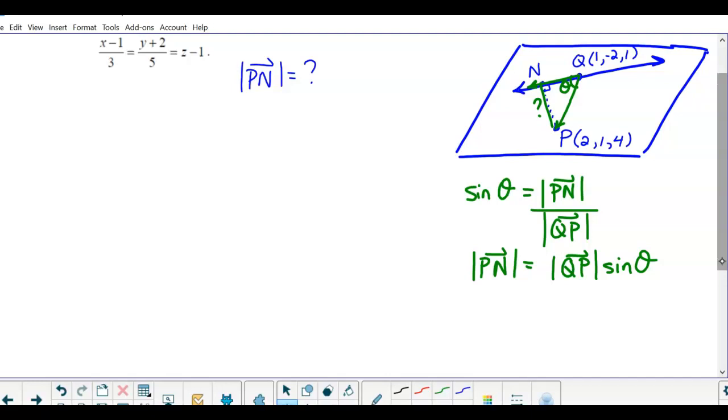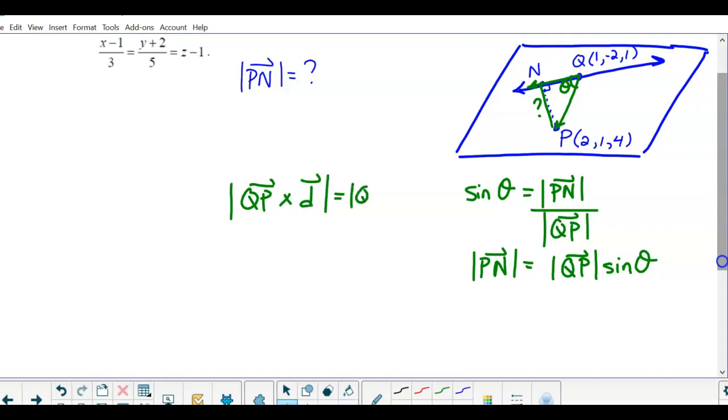But we don't want to have to calculate what that angle is. What we have learned is cross product, magnitude of cross product. So this is part of the magnitude of the cross product of 2p and another vector, right? Well, we know the direction vector. So the cross product of 2p with the direction vector.